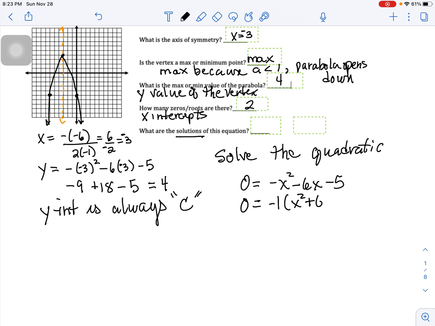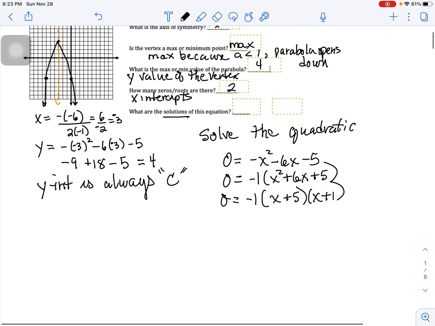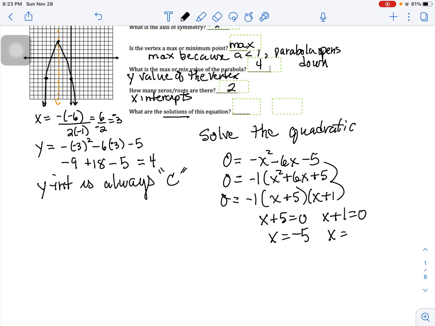So x squared plus 6x plus 5. I'm going to factor x plus 5, x plus 1: two numbers that multiply to be 5 and add to be 6. Then I'm going to set each of those equal to 0. And so -5 and -1.